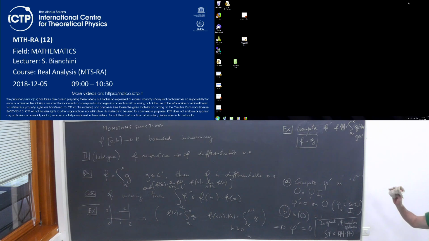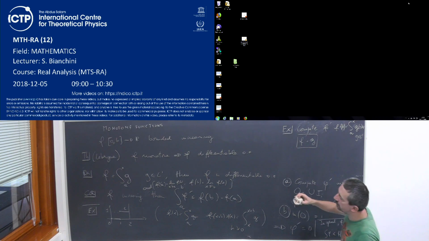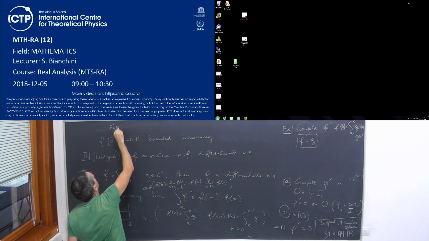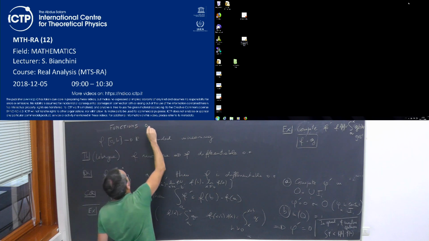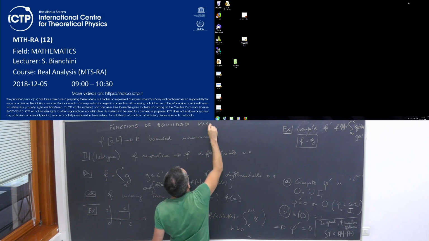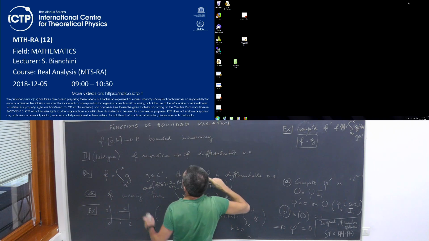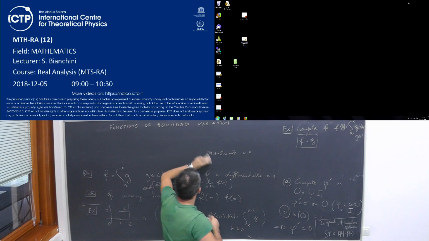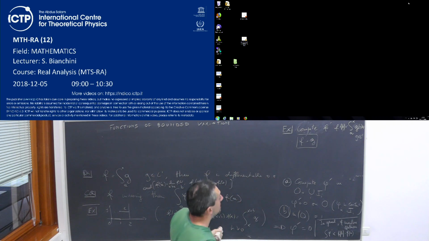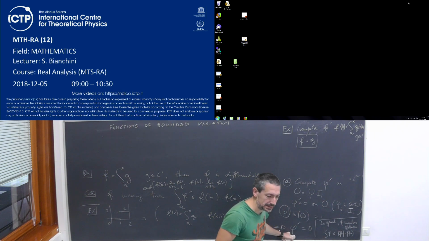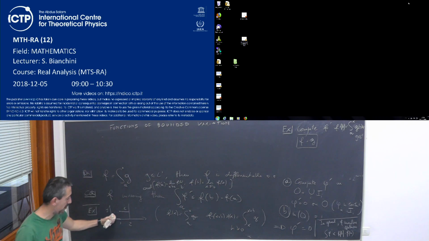Okay, now we introduce an important class, which is the functions of bounded variation. Essentially, this is another class of functions which describes exactly the region where the family of these functions is.